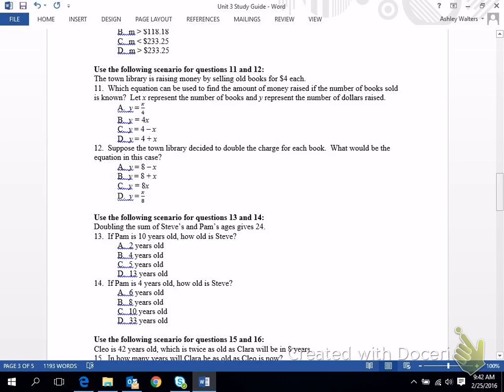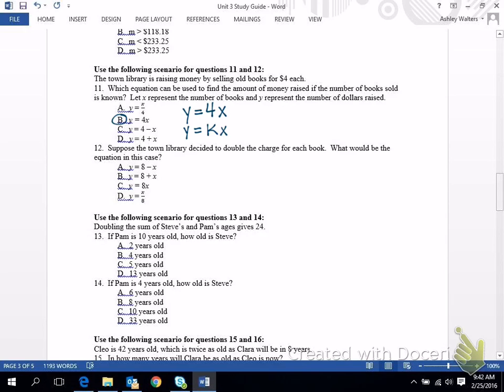Well, Y, the number of dollars raised, is going to come from selling books, which is X, and you are selling them at $4 a piece. So Y equals 4X. You should recognize that this is a proportional equation in the form of Y equals KX, where the constant of proportionality or unit rate is $4 per book.